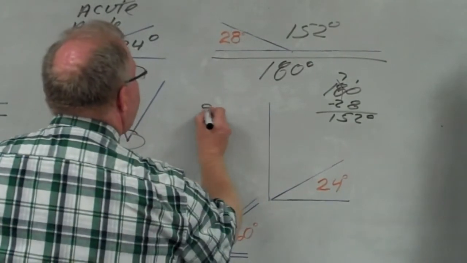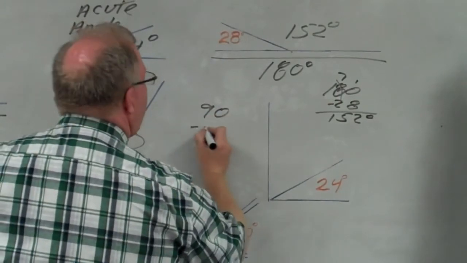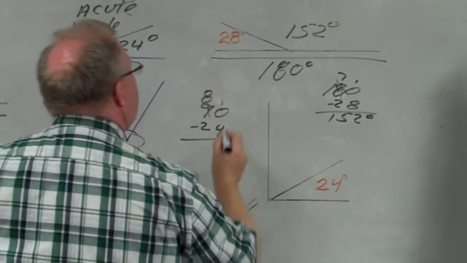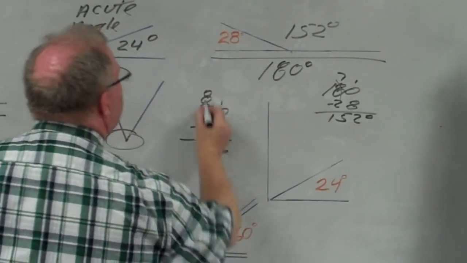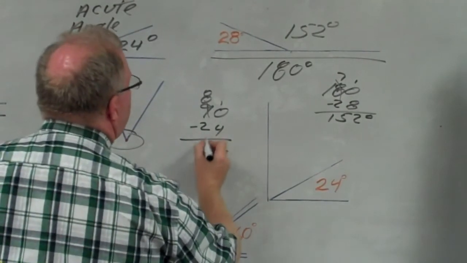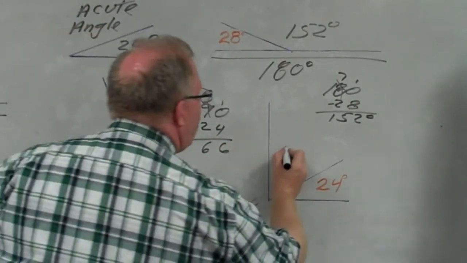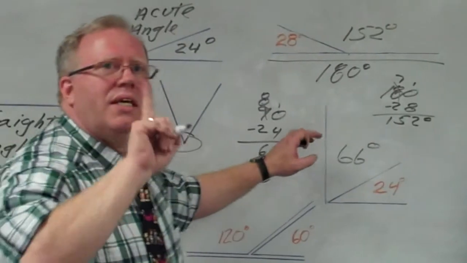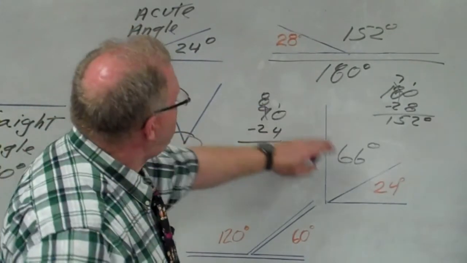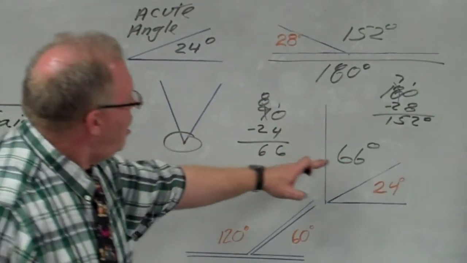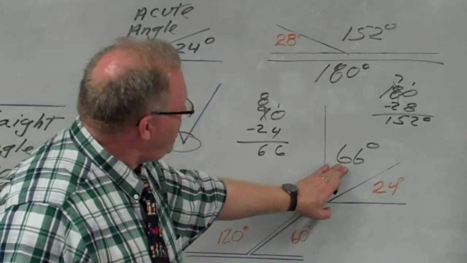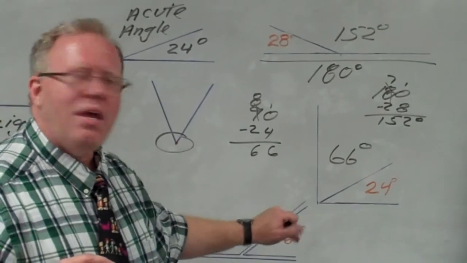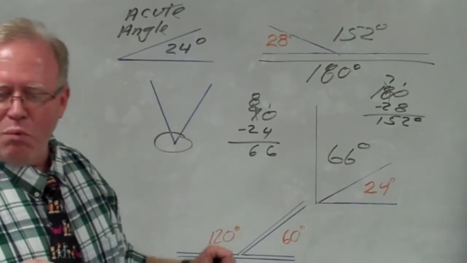So if I take 90 and I subtract 24 from it, and I borrow from there, we've got 8, and there's 10 minus 4 is 6, and 8 minus 2 is 6. So this angle right here would be 66 degrees. 66 degree angle. So that means that if we put those two together, that adds up to 90, we have everything that we need.